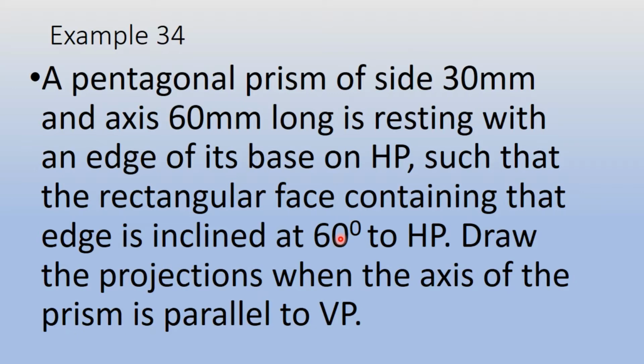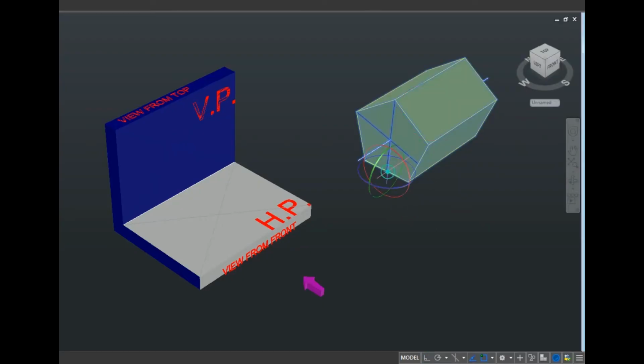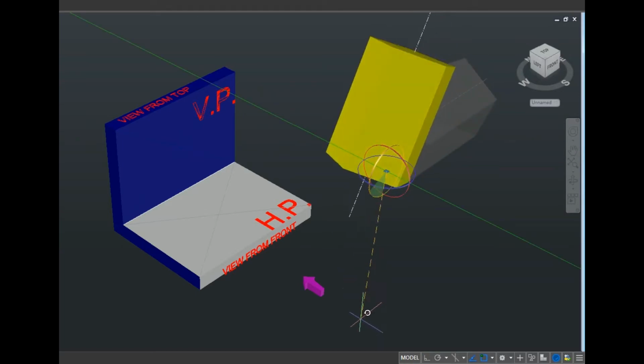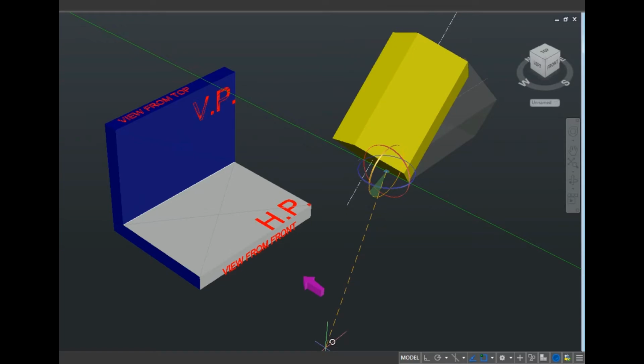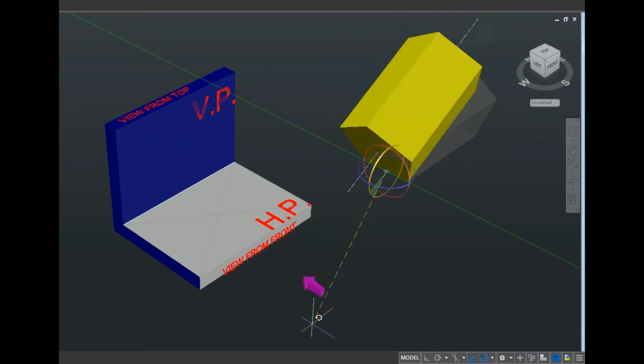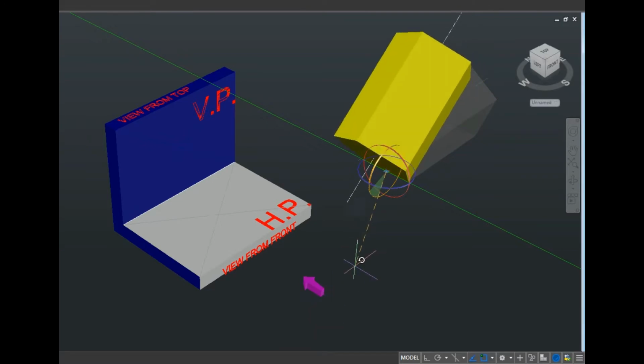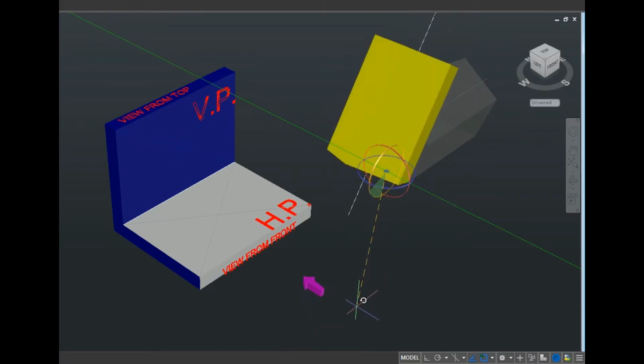Now we will see how to imagine this first. So here we have to make the rectangular face inclined to HP. Now you see that I am rotating this pentagonal prism such that one of the rectangular faces will be inclined to HP.